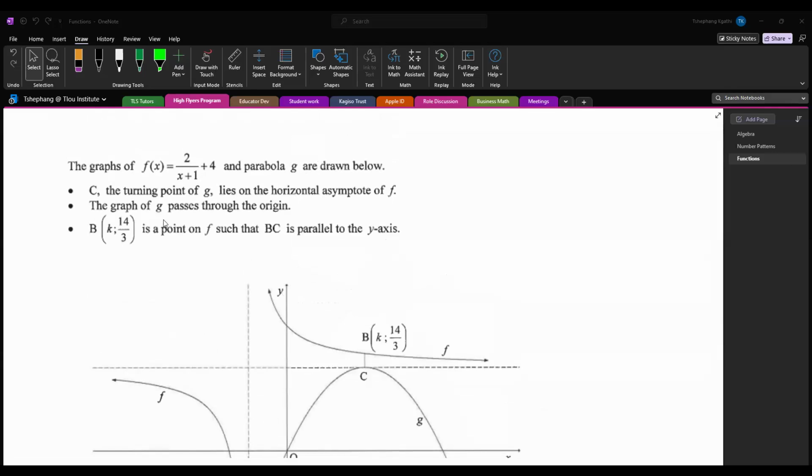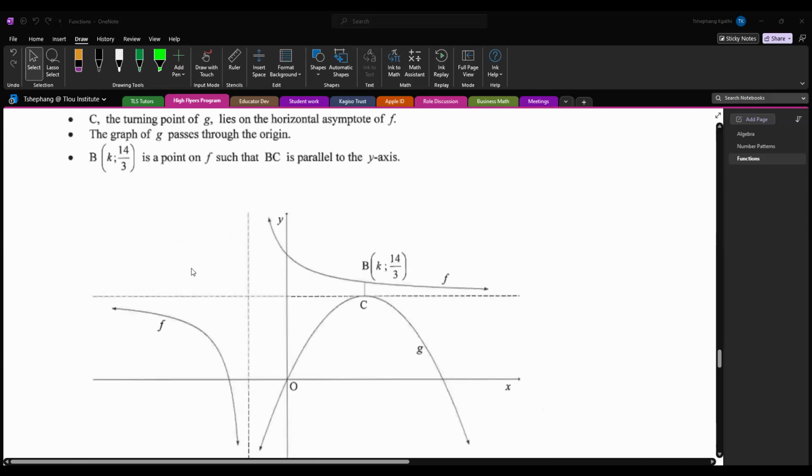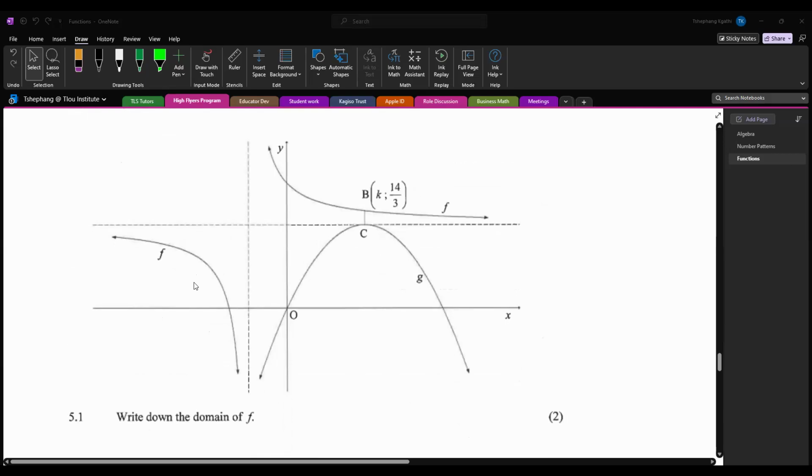The graph of G passes through the origin. Perfect, they gave us that as well. Then B, which has coordinates K and 14/3, is a point on F such that BC is parallel to the y-axis. Write down the domain of F.